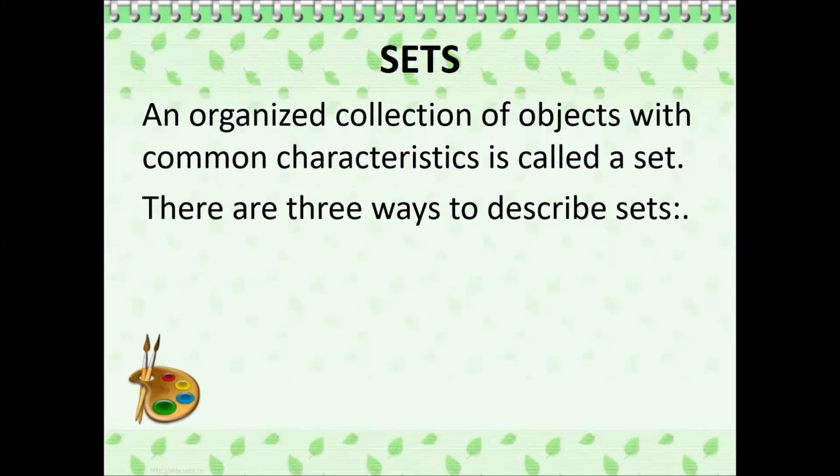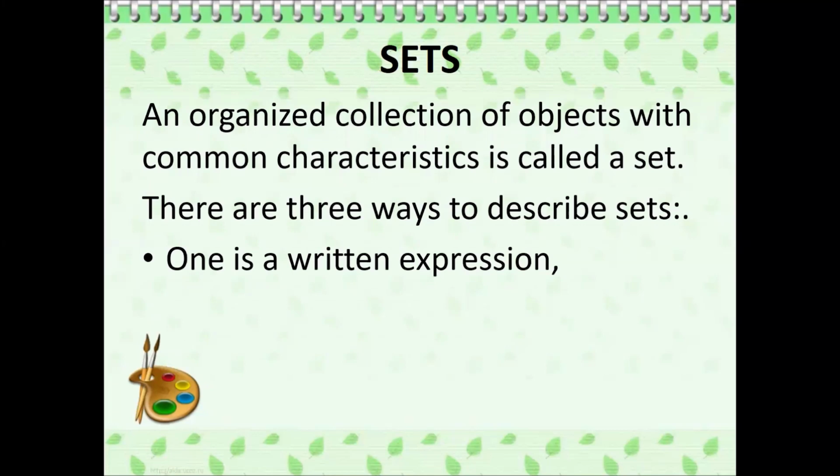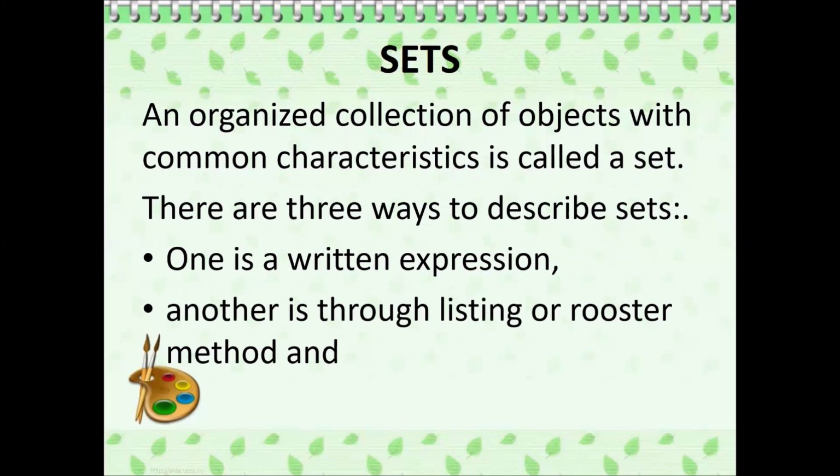And there are three ways to describe sets. The first one is a written expression. Another is through listing, or the roster method. And the third is by set notation.